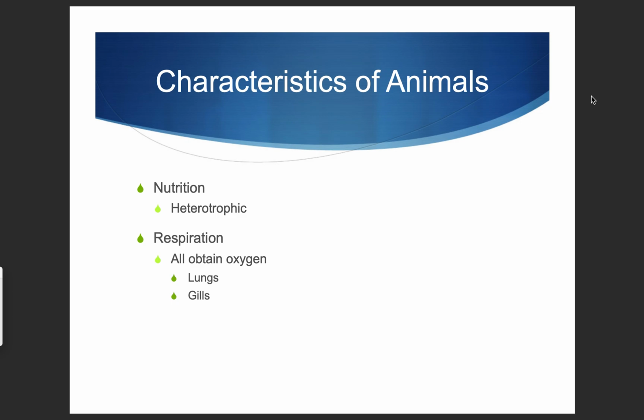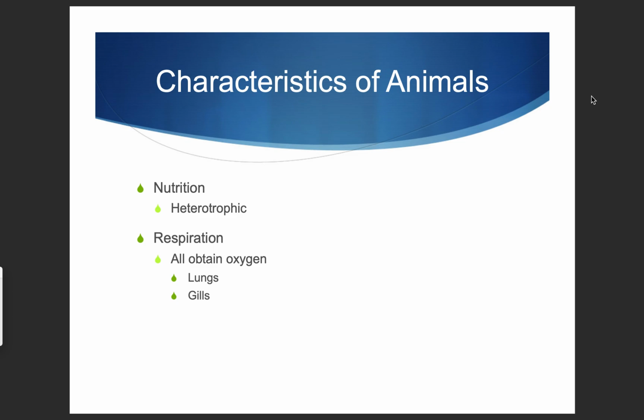Respiration: all animals need oxygen. We all need oxygen to survive, but there are different ways that we obtain that oxygen. For example, we as humans have lungs. Fish have gills, a way that they pull oxygen out of water, and spiders have something called book lungs.